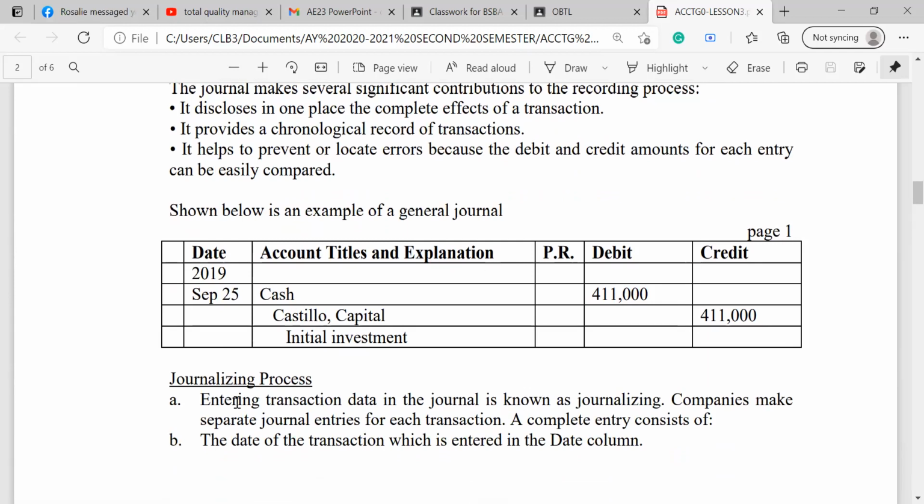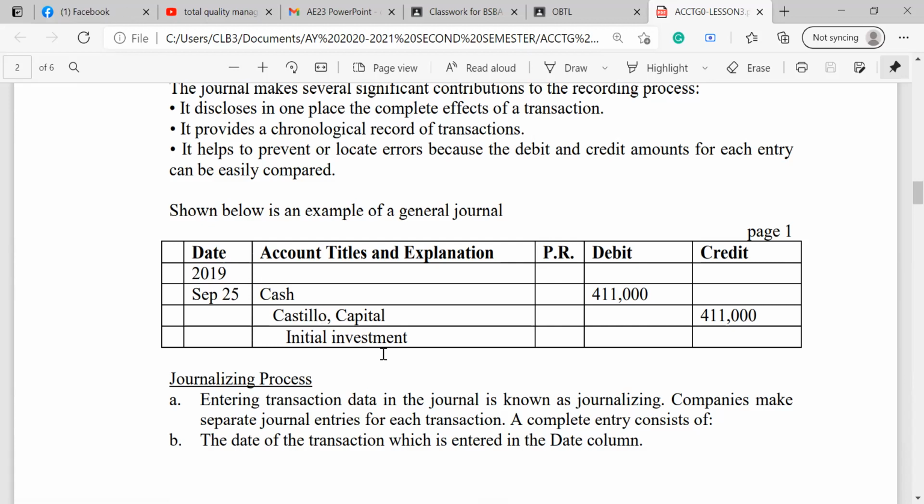So, paano po yung process ng pag-journalize? When you enter transaction data in a journal, tawag doon journalizing. Okay? Journalizing yung term na ginagamit natin when a transaction na in-identify mo dun sa step number 1 ay ini-record mo na or inilagay mo na sa journal.